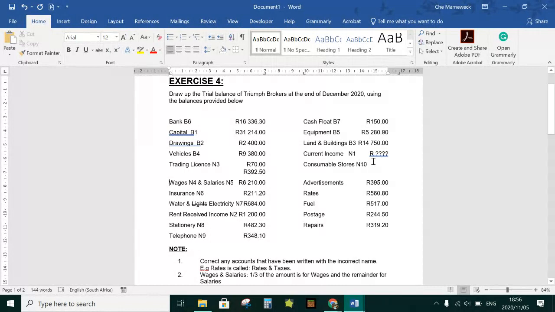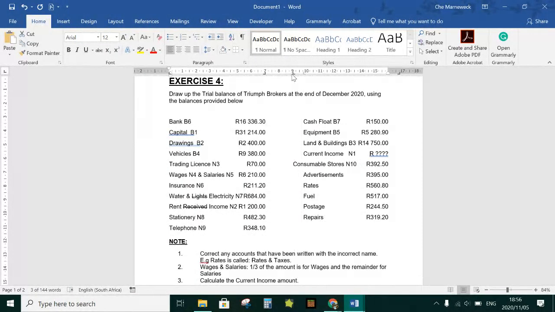I think I just pushed that amount off. Just gonna make consumable stores squeeze on the page. Okay, advertisements, we actually call it advertising, and that'll be N11. Rates is called rates and taxes, and that'll be N12, fuel, N13, postage, N14, repairs.